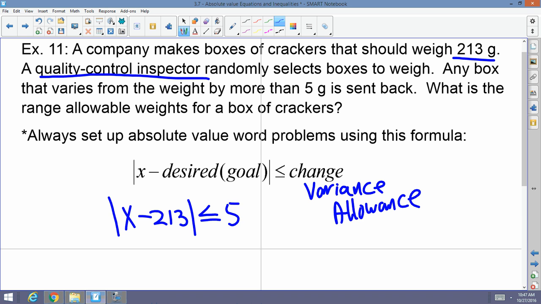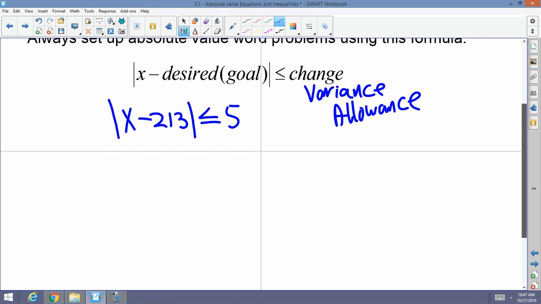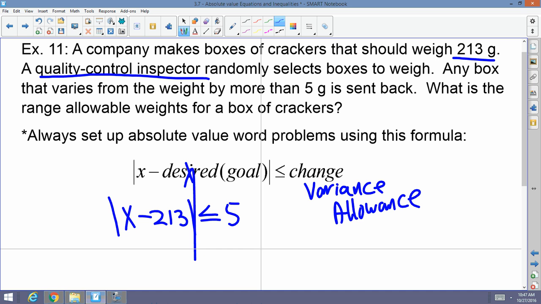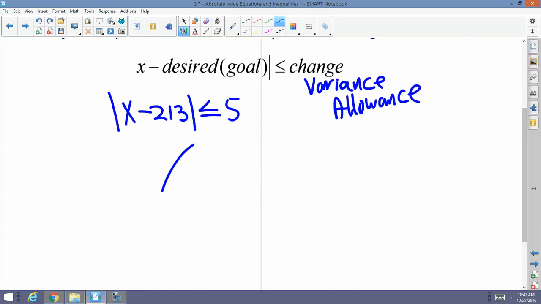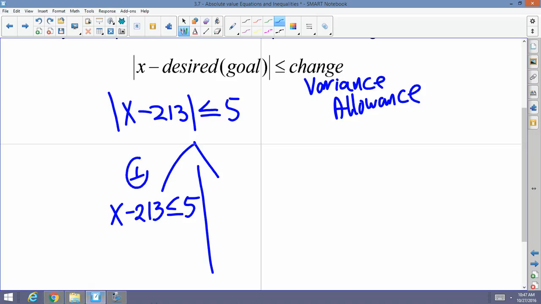That's it. Now let's try this again. I could split it up. x minus 213 is less than or equal to 5. That's my positive side. Or my negative side: x minus 213 is greater than or equal to negative 5.